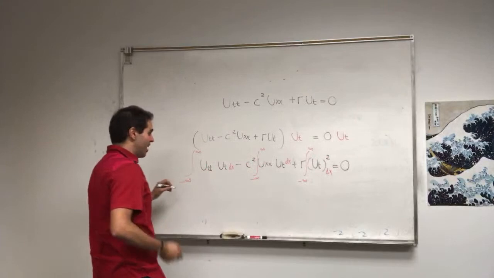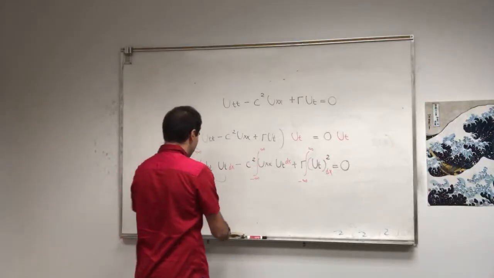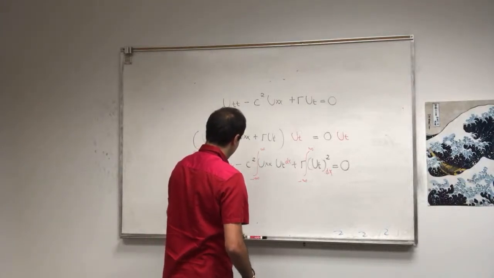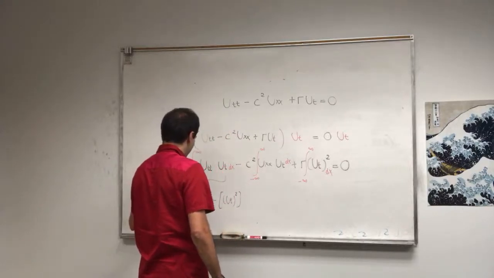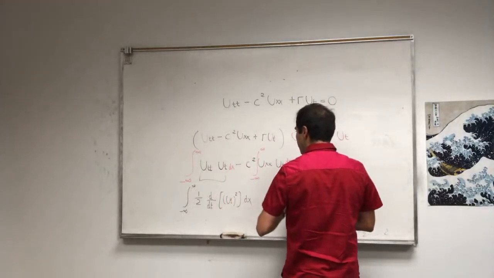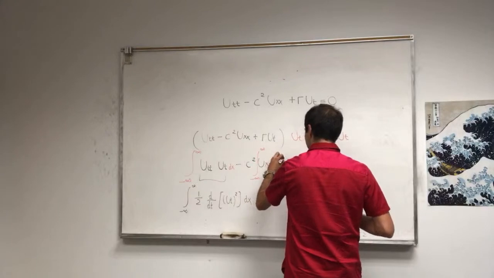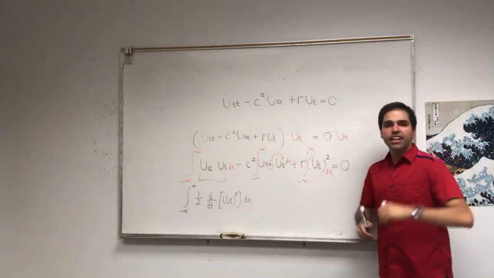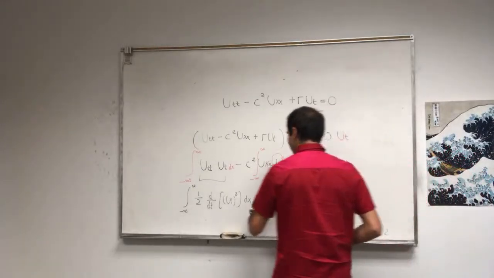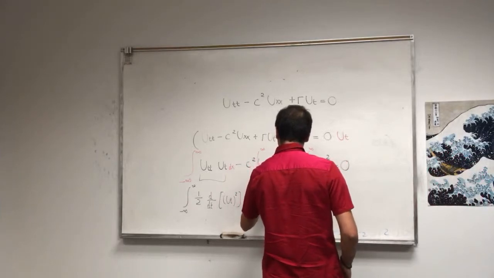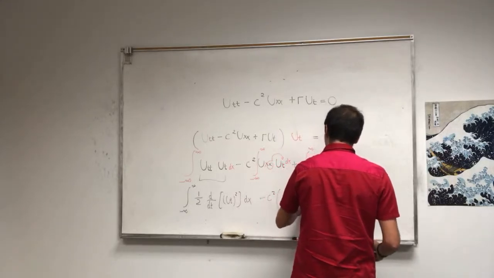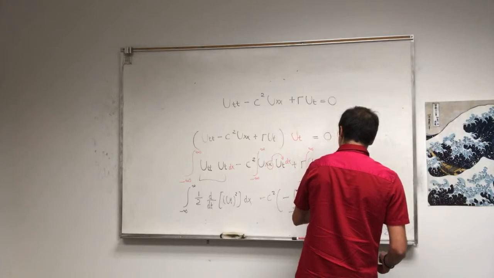Now, just like for the wave equation, notice this is really 1/2 d over dt of ut squared, and you integrate that with respect to x. This one, you integrate by parts, so you put the x on the other side. And again, assume the boundary terms go to 0, so assume everything is 0 at plus or minus infinity. So this becomes minus c squared times minus the integral from minus infinity to infinity of ux uxt dx.